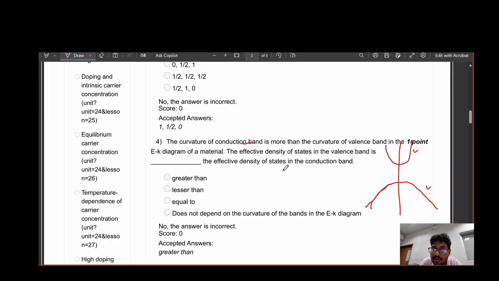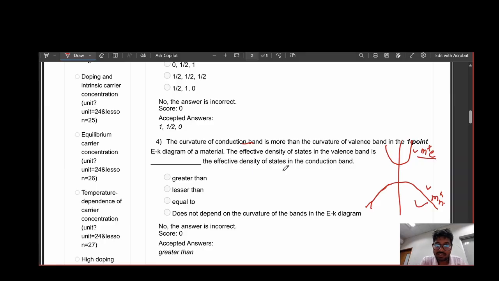The effective density of states in the valence band is the question. First, let's see the effective masses: the effective mass of hole and the effective mass of electron, M star E and M star H. The effective mass of the hole is given by the curvature of the valence band, and the effective mass of the electron is given by the curvature of the conduction band.